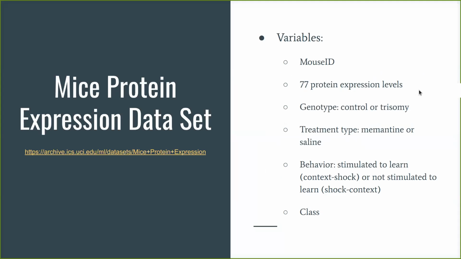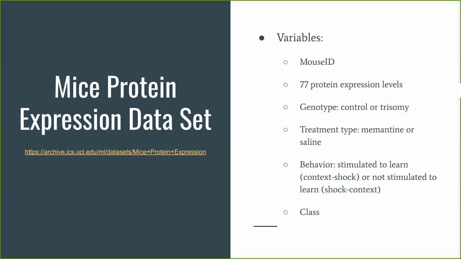There are 82 variables in this data set. The first one is the mouse ID, followed by expression levels of 77 proteins. For genotype, mice can be control or trisomy. For treatment type, the mice are injected with either memantine or saline water. Memantine is a drug that could possibly recover the learning ability of trisomic mice.